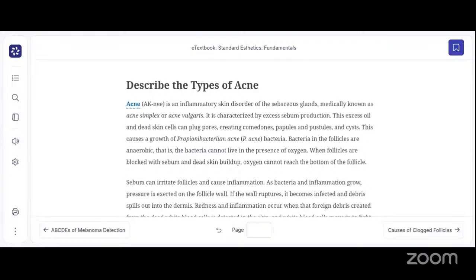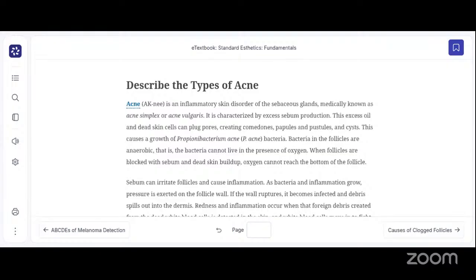Anytime I see that, I'm instantly thinking cleansing, double cleansing of the skin, because bacteria, oil, and sweat have mixed and set up, causing a non-pleasant environment. And so this is where a lot of times we get acne.